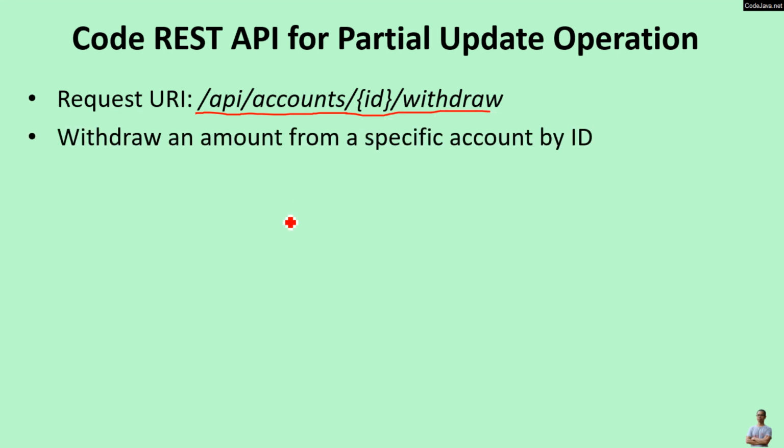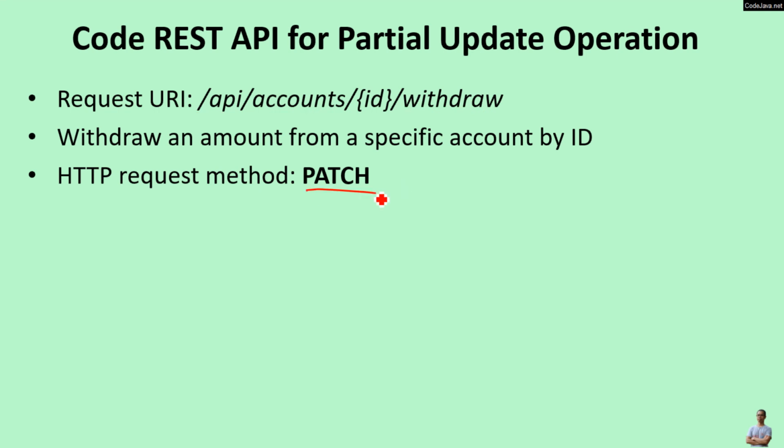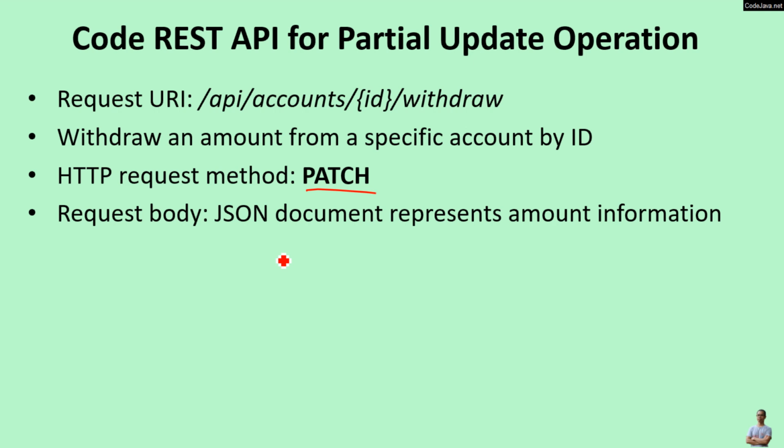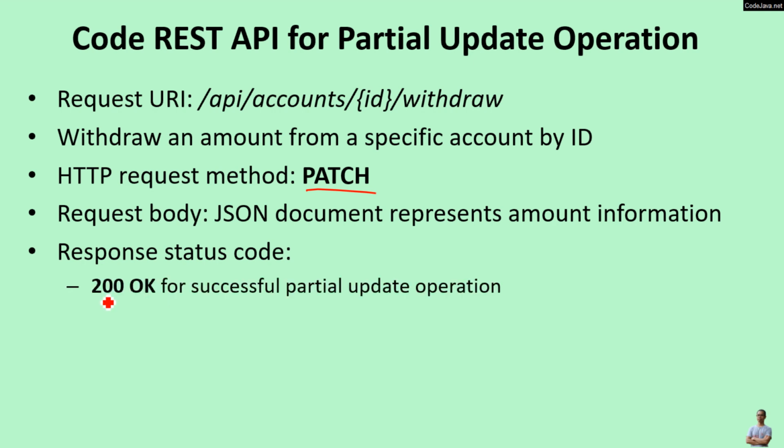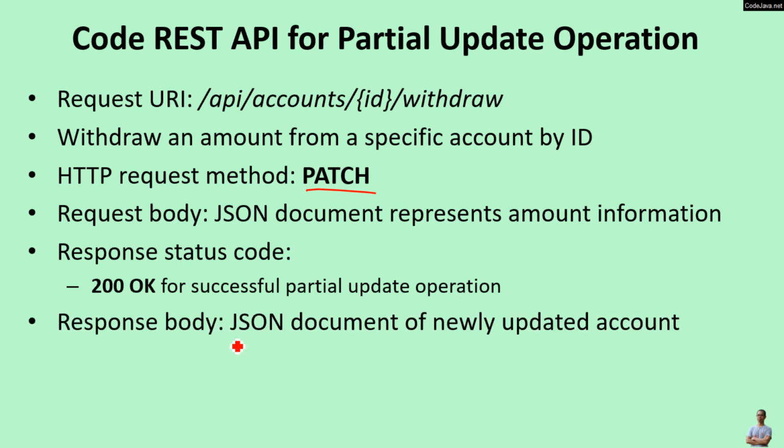The purpose of this API is to withdraw an amount from a specific account by ID, and the HTTP method of the request should be patch, and the request body should include a JSON document represents amount information, and the response status code should be 200 OK for successful partial update operation, and the response body should include a JSON document of the newly updated account.